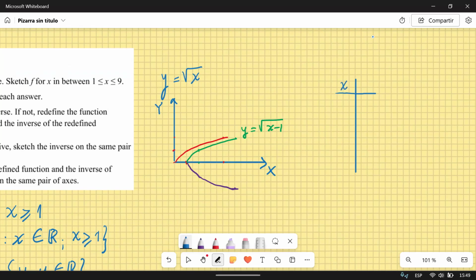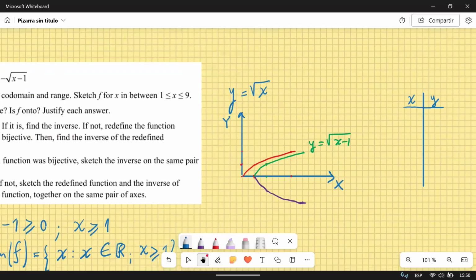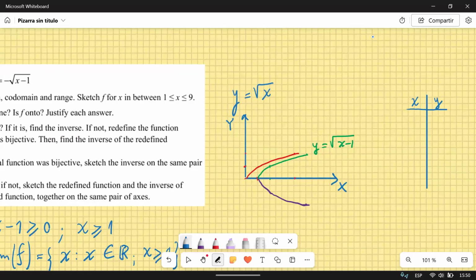So here I construct a table of values, x, y, and I will give values for the given function, negative root of x minus 1, such that I obtain answers that are integers. I will start with 1, the minimum value I can use, because remember that x must be greater than or equal to 1. So the minimum value I can use is 1.